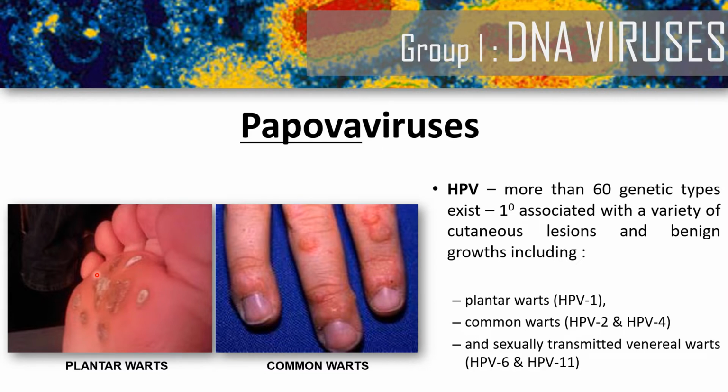You also have common warts, which we are familiar with, caused by human papillomavirus 2 and 4. And the human papillomaviruses associated with sexually transmitted venereal warts are caused by human papillomavirus 6 and 11. In this slide, I want you to memorize the different human papillomavirus strains and their disease associations.